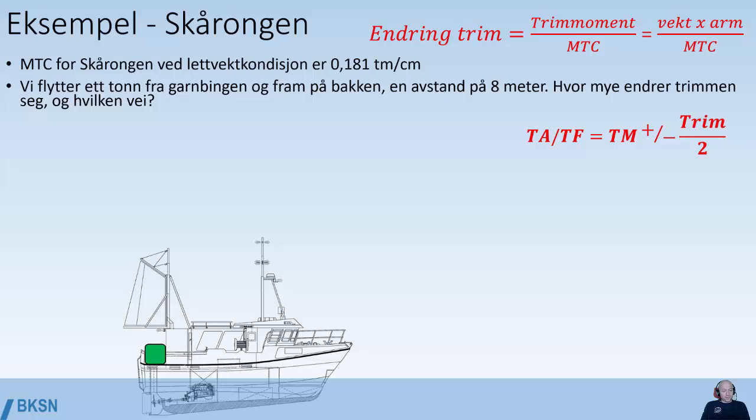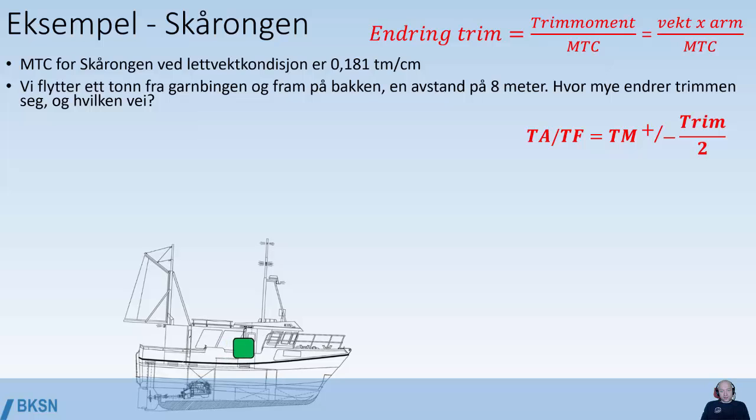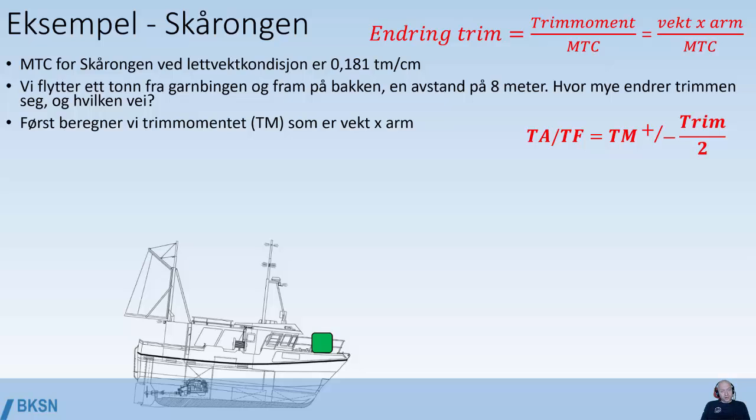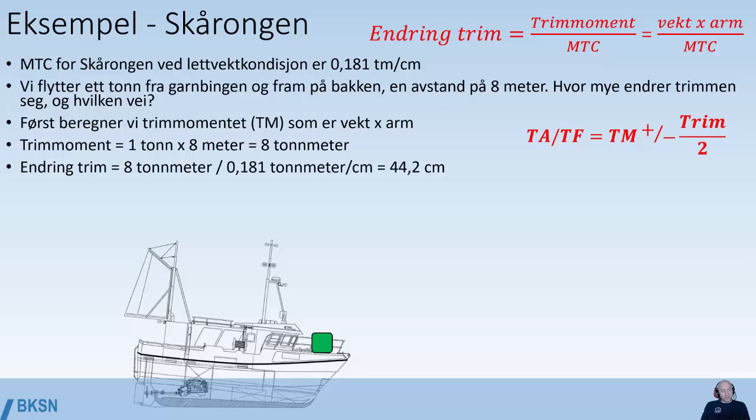Another example, and this time from the small fishing boat Skårungen, which has an MTC of 0.181 ton meters per centimeter. And we shift 1 ton from the aft part all the way forward, a distance of 8 meters. So the question is, how much does the trim change and which way? Well, first we calculate the trim moment, weight by arm. 1 ton by 8 meters equals 8 ton meters.